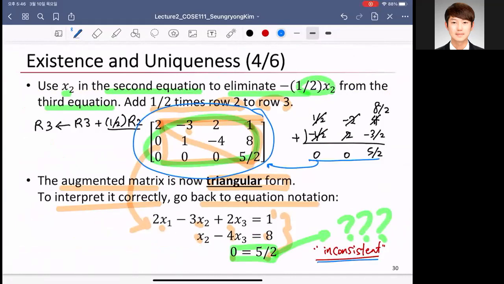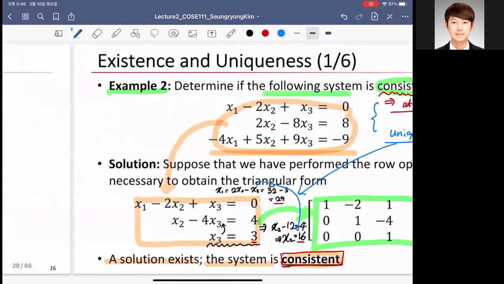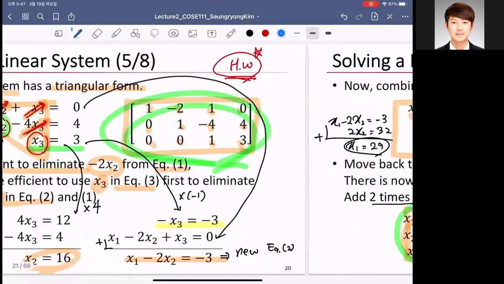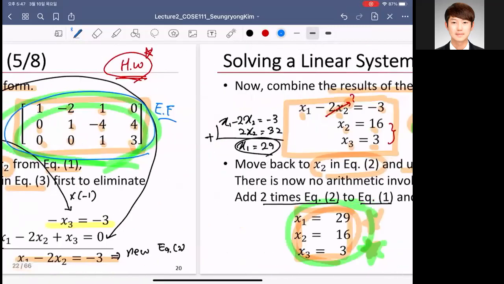And then, if there was a solution, by making this into REF form, we find the solution. We can see this in example 1 here. It was the EF form, echelon form, and by going further, we achieved this one.